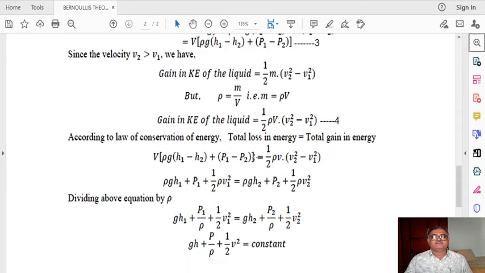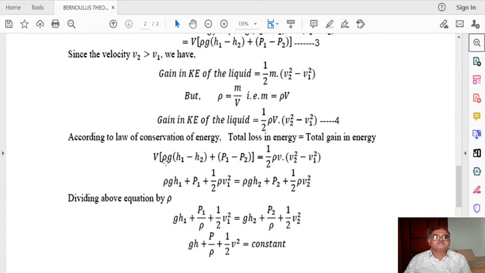By solving this, remember that this v is the same as this v, and therefore this v cancels here, and this v also cancels.